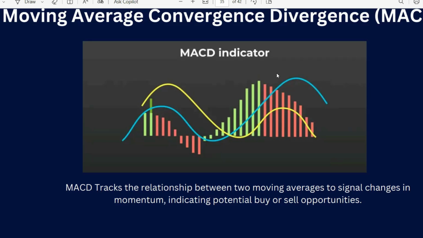When it's below 30, it's oversold. So when a stock is oversold, there's going to be demand, meaning people are going to want to buy. There's going to be a lot of buyers, right? And when it's overbought, there's going to be a lot of sellers. Does that make sense?